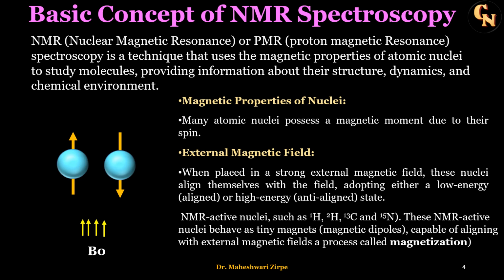So let's begin. First of all, let us understand what is NMR spectroscopy. Basically N indicates nuclear, M indicates magnetic, and R indicates resonance. So NMR is nothing but nuclear magnetic resonance, or it is also known as proton magnetic resonance, denoted by PMR.